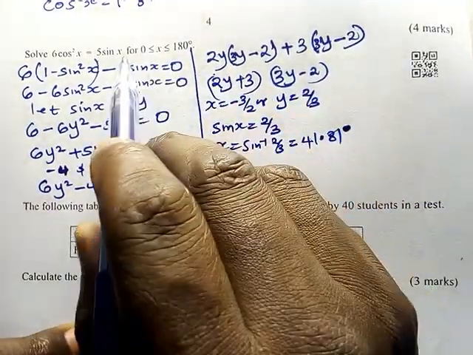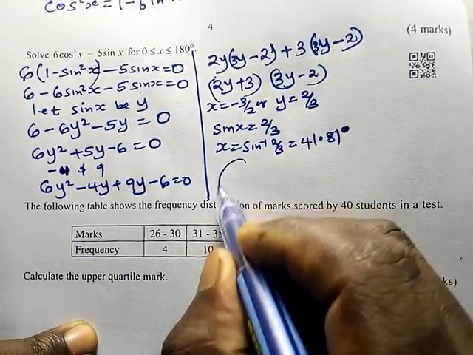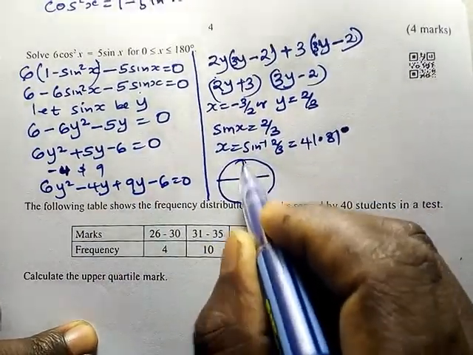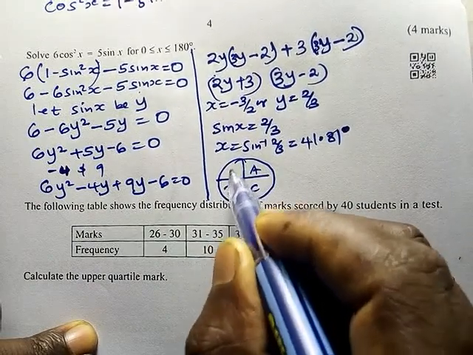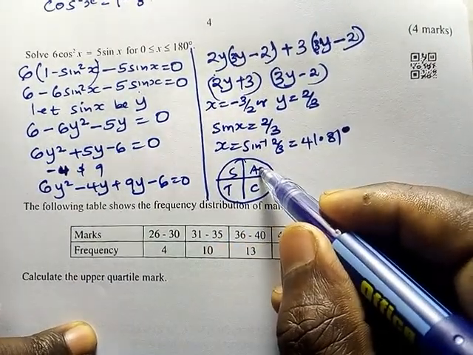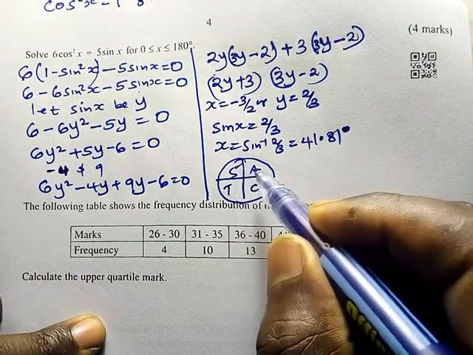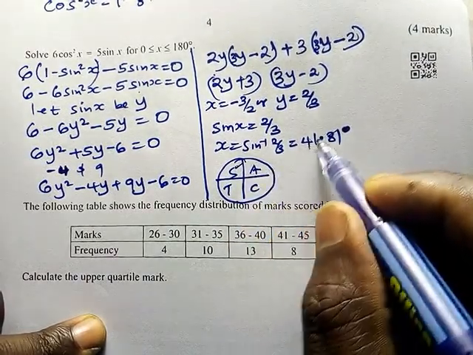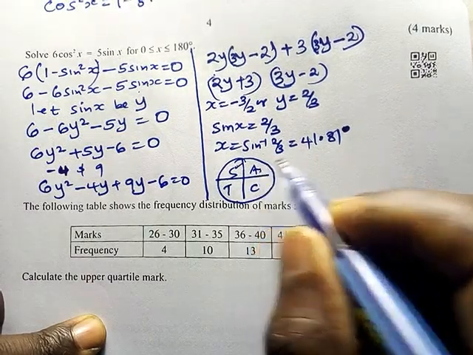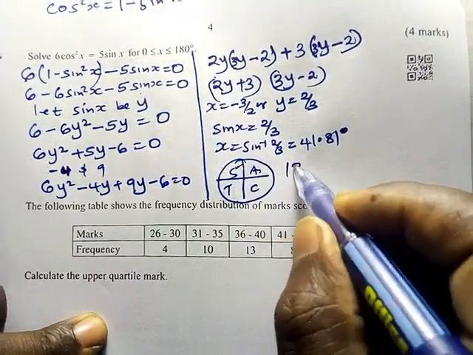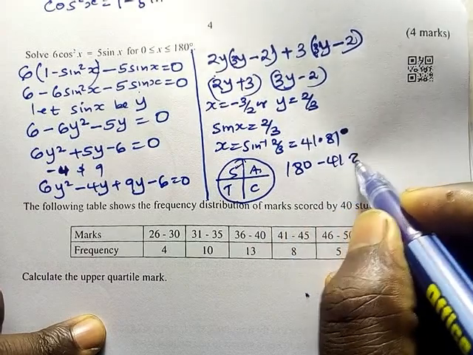So since tumepewa range from 0 to 180, we use the unit circle, ambayo tunasema ni ACTS. All here, all tangents, sines and cosines, they are positive here. The sine is positive here only. So we go to the next one. Tumepata iko kwa A, all of them. So to get to that is 180 minus 41.81.